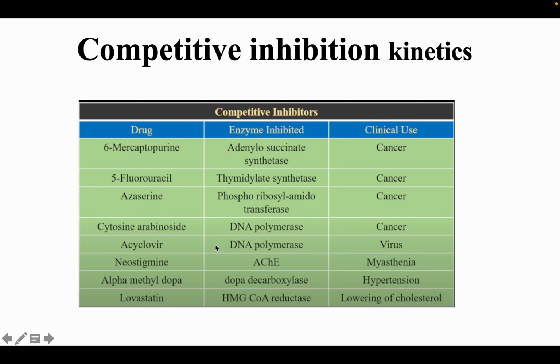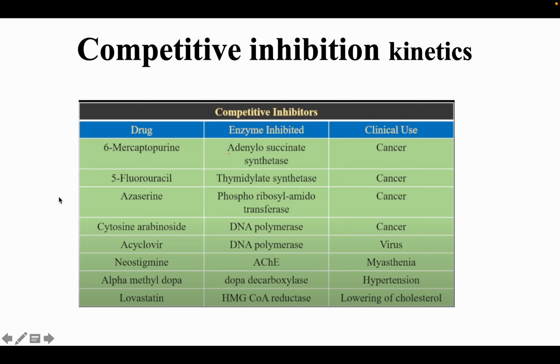So these are the different drugs which are competitive inhibitors, and they are used for different purposes like cancer, viral infection, and different diseases like hypertension. So we have 6-mercaptopurine.